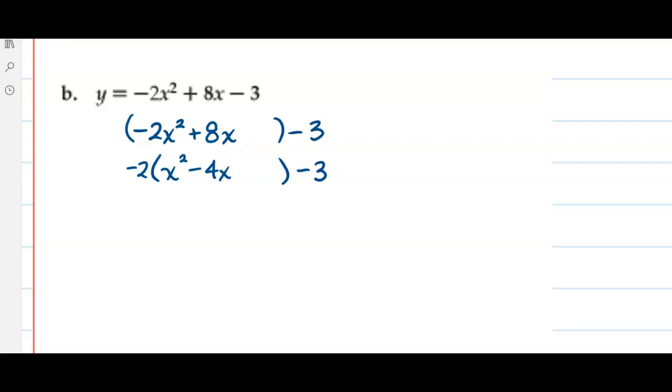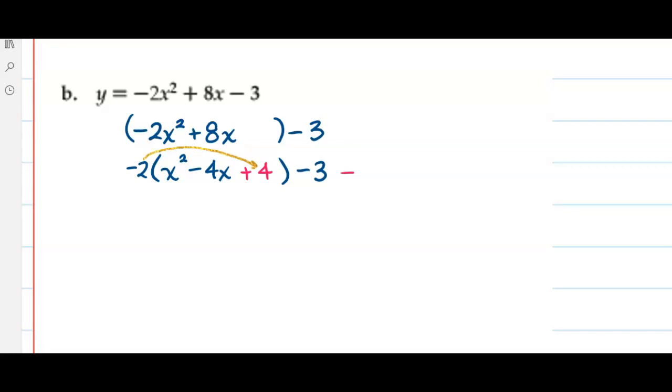Now I can complete the square. Now I can take half of negative 4, which is negative 2, squared is 4. And I'm going to subtract it outside. However, let's take a look at what I've really added. What I've really done is negative 2 times a positive 4.